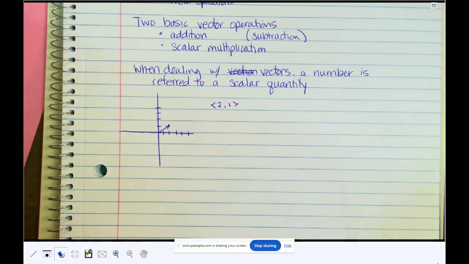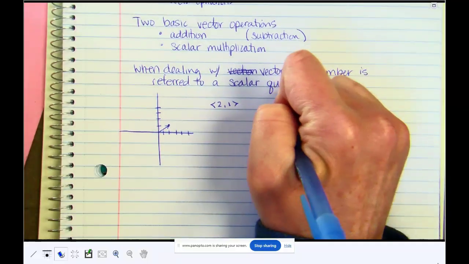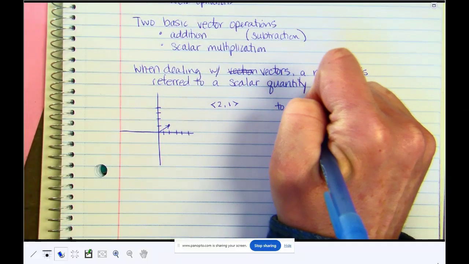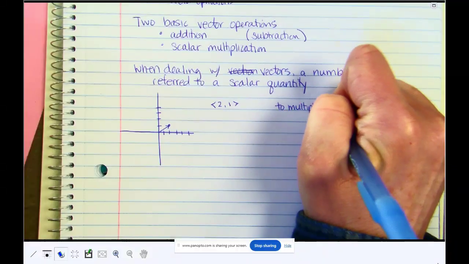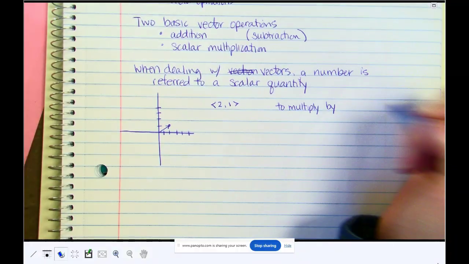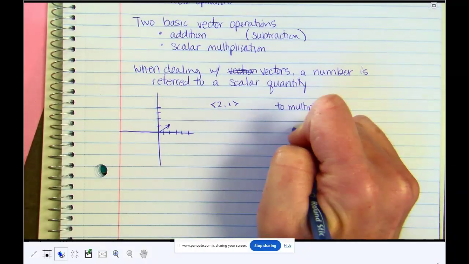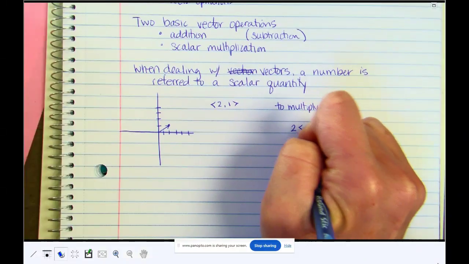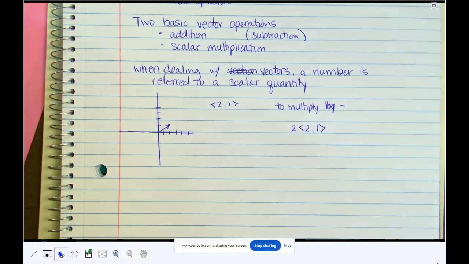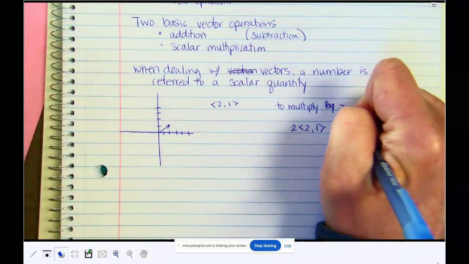So if we were going to multiply, let's say we're going to multiply by 2. So we're going to go 2 times 2, 1. Okay? You literally multiply the x and you multiply the y.